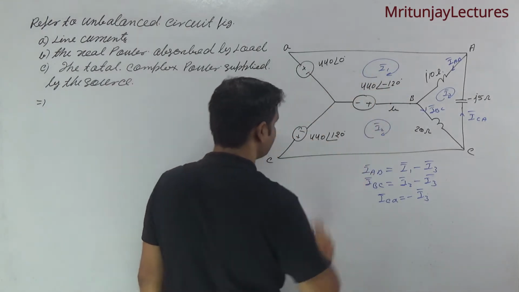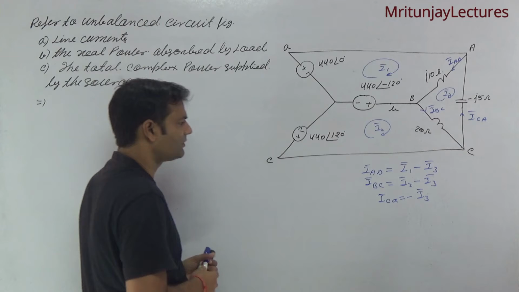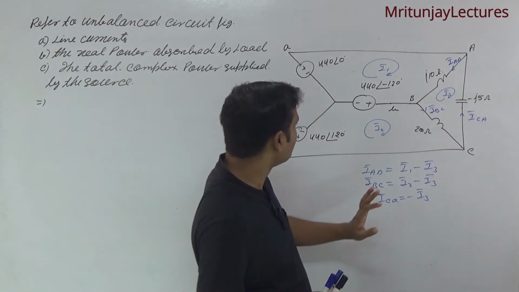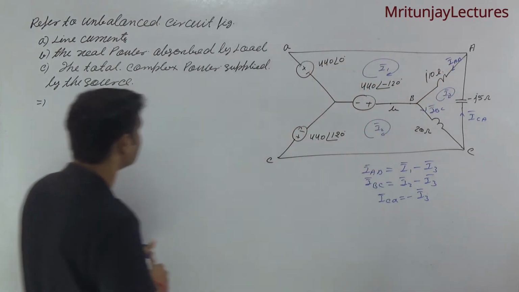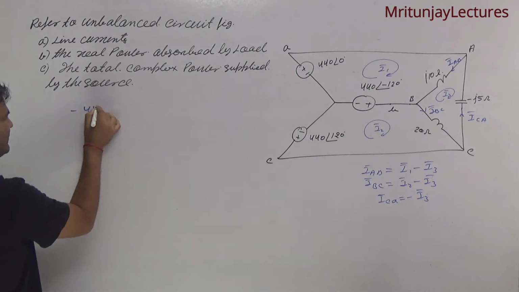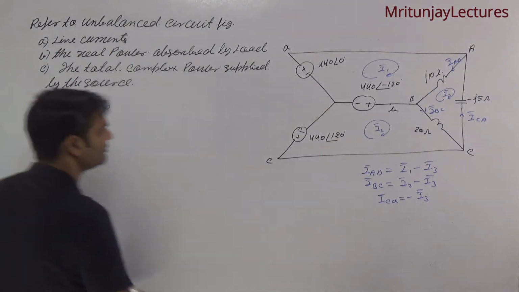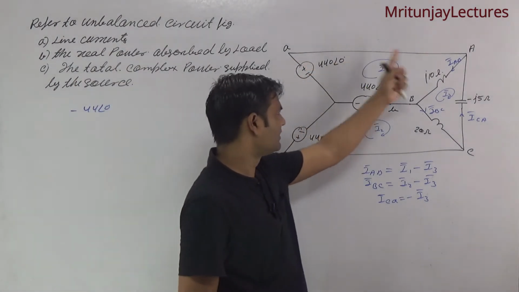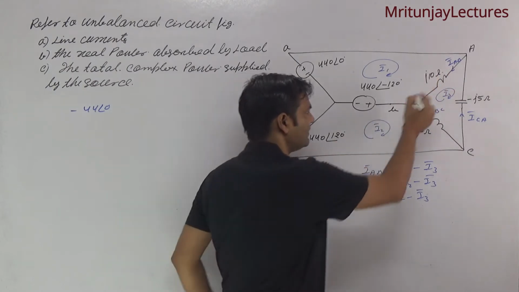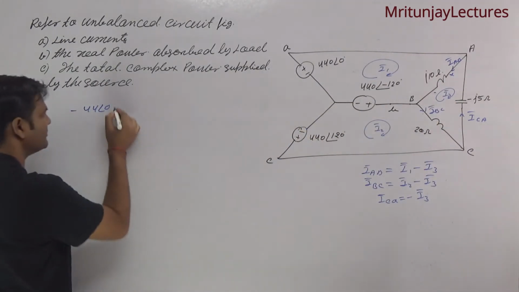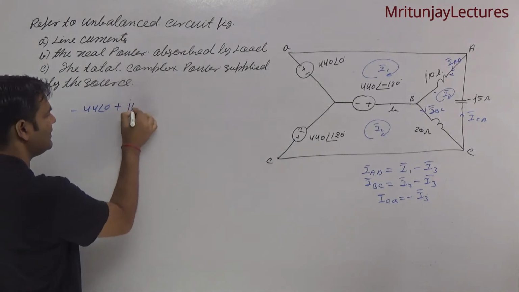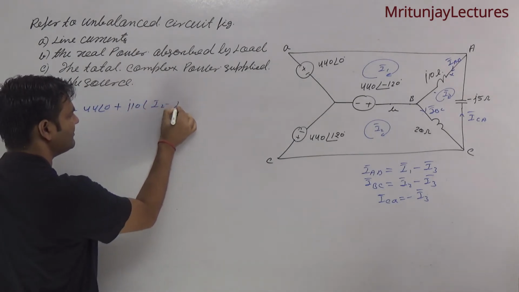So first of all, we are focused on this loop. Apply KVL: minus 440 at the angle 0, minus to plus, after that plus to minus, direction of current like this one. So that is J10 times I2 minus I1.